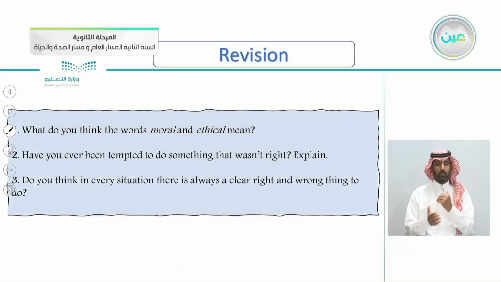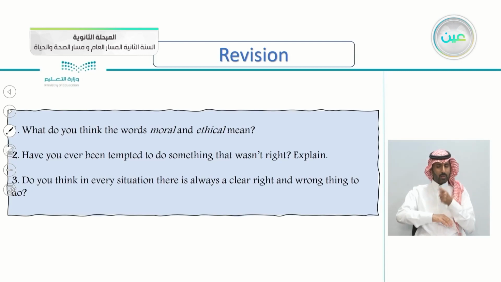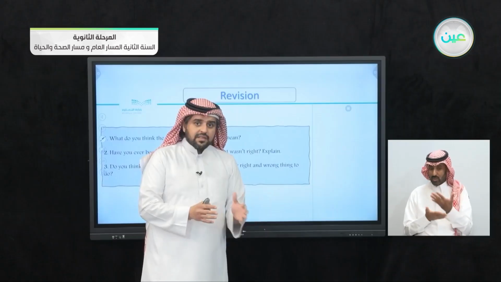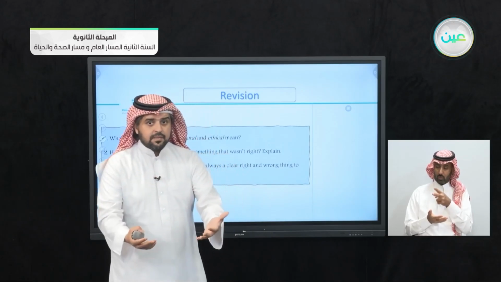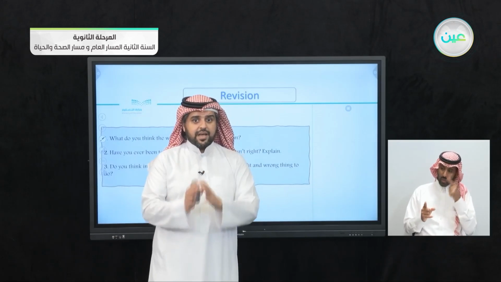We also asked some questions. What do you think the words moral and ethical mean? Have you ever been tempted to do something that wasn't right? Explain. Do you think that in every situation you face, the right and wrong options are clear?